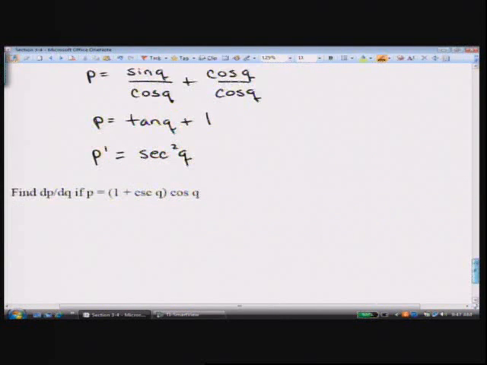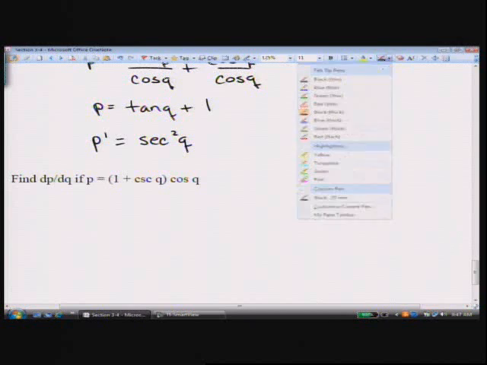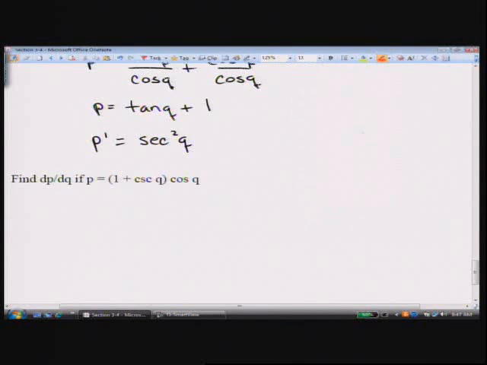All right, now let's do the next one. Find dp/dq if p equals that. Again, this is probably one where it's better not to multiply it out. You can think of this as two functions and use the product rule, where this is your u and this is your v.